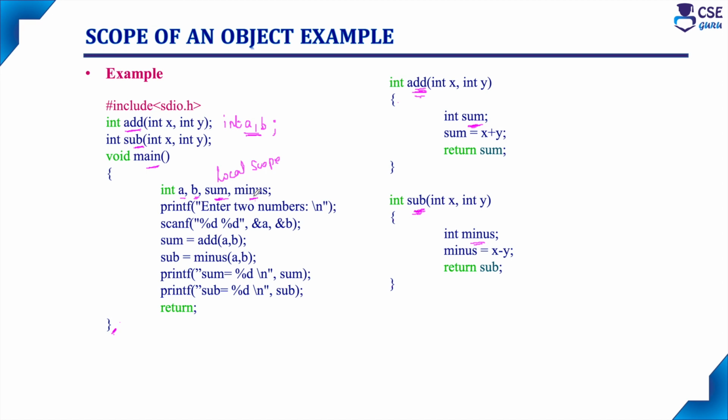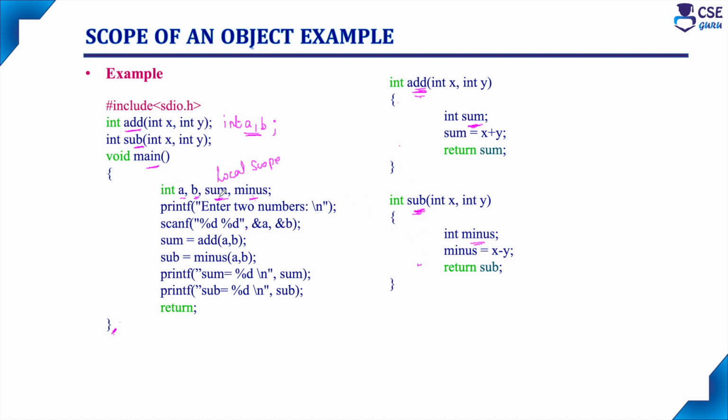Here it is not required to declare, here also not required, here also not required. This one declaration is enough, and this will have a global scope. So the variables or objects declared in the global declaration section will have a global scope, that is, total visibility in all places within the particular C program.